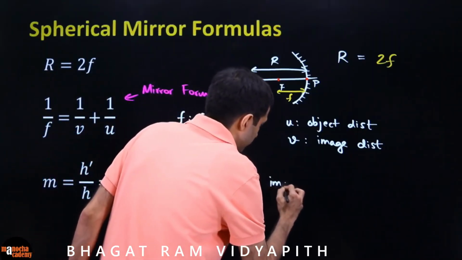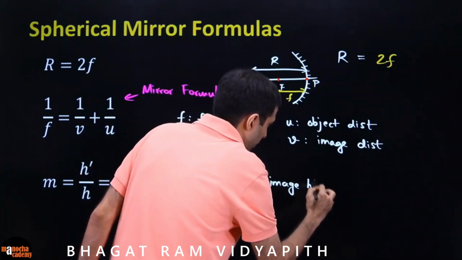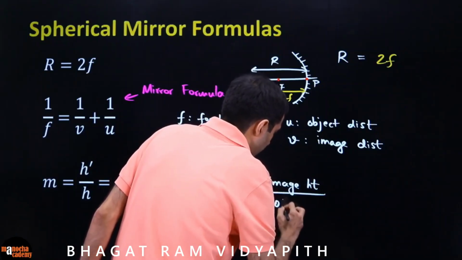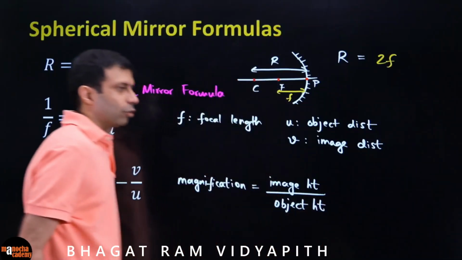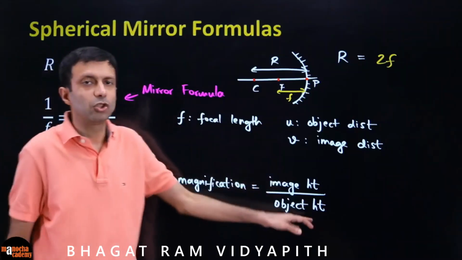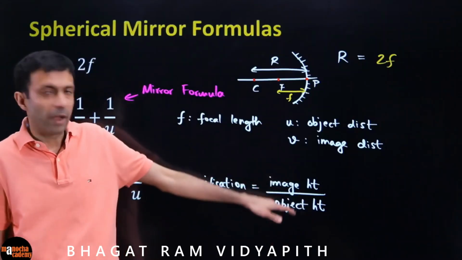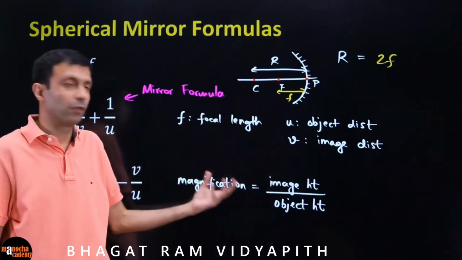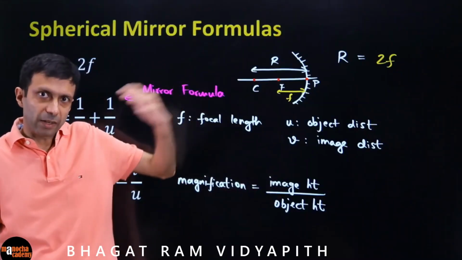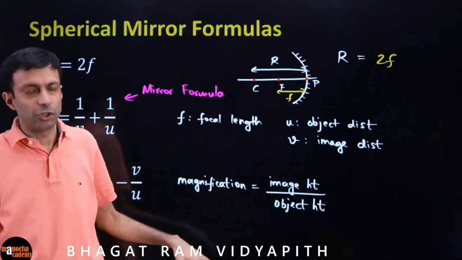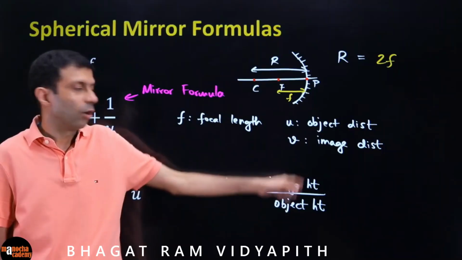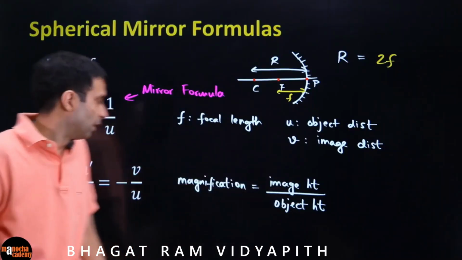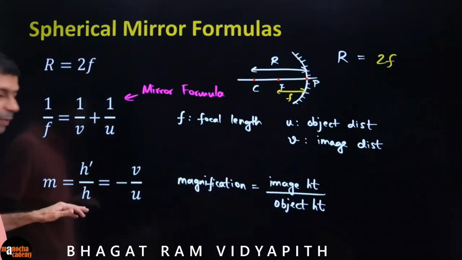So it is image height divided by object height. So that sort of makes sense, right? If the image is 2 times the object, it will be 2 by 1, 2, right? Magnification will become 2. So always image height divided by object height, this is the ratio. And let's say if the heights are measured in centimeter, obviously you can see the unit will cancel. So this is the magnification formula, H dash by H.